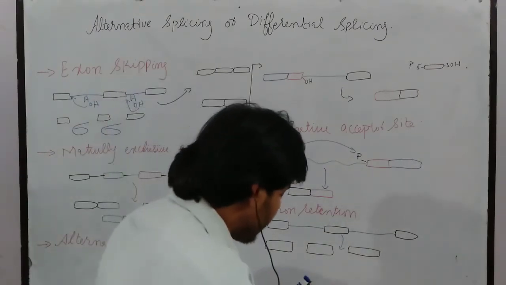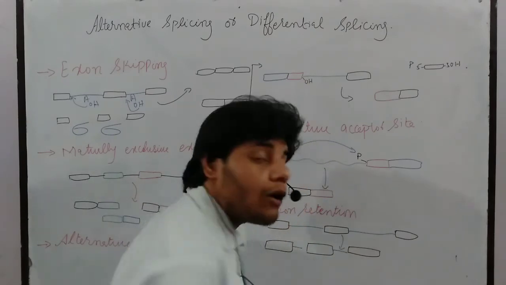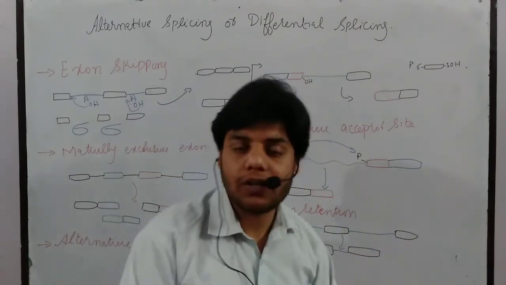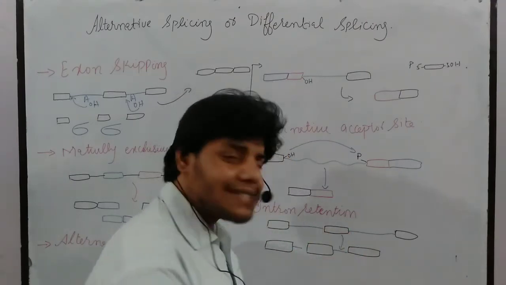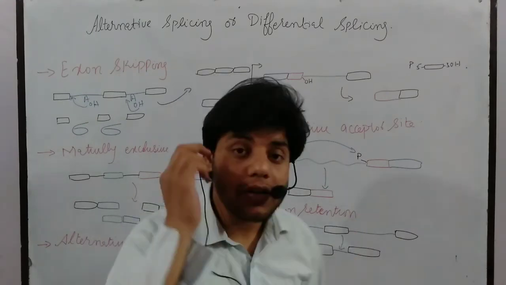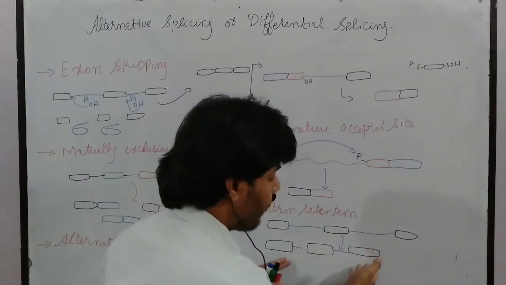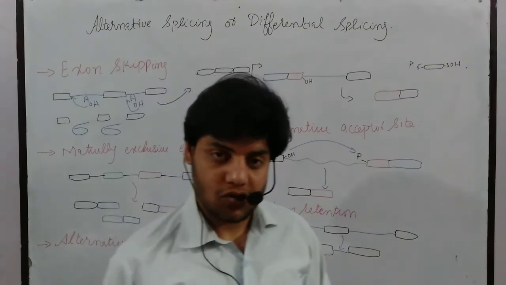Remember, between them the intron is again present. Although the splicing occurs and the intron is removed, not the full intron is released out. We can say that 97% of the intron is released out, but 3% intron is still present among each exon, and this is called intron retention.